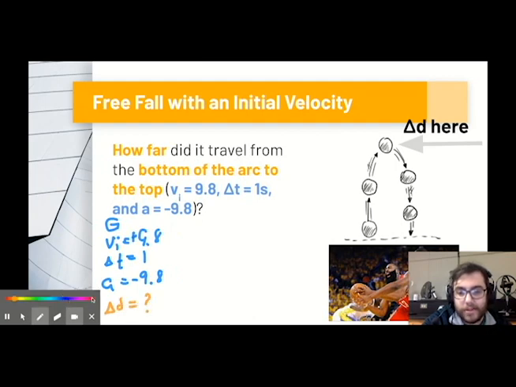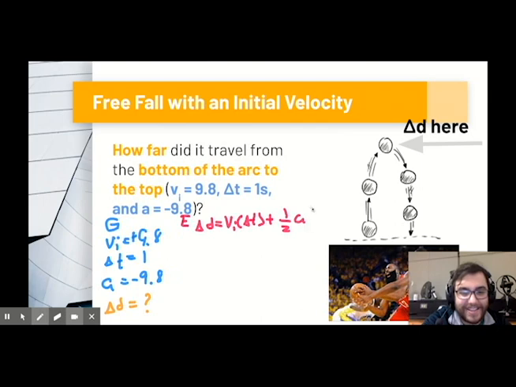All right. Now, the only equation that has these 4 values is delta d equal to Vi times t plus 1/2 a times t squared. Now we just substitute and solve.